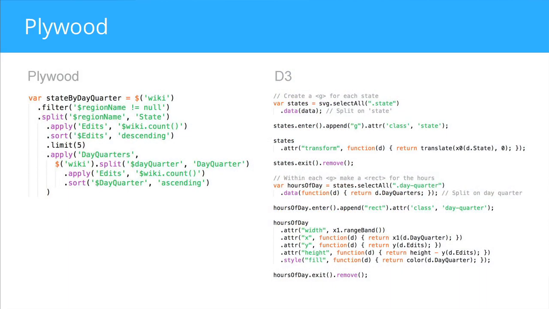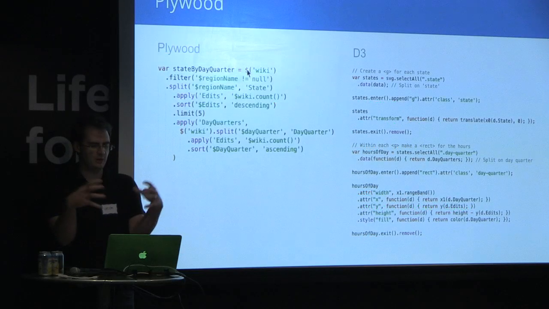And then this is how I do it in Plywood, which is a thing that I wrote. Essentially, it exposes SplitApplyCombine a little bit more. It's more upfront about what each thing is. So you write this query where you say, OK, I have my thing called Wikipedia, my wiki.